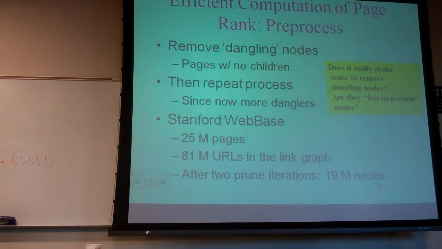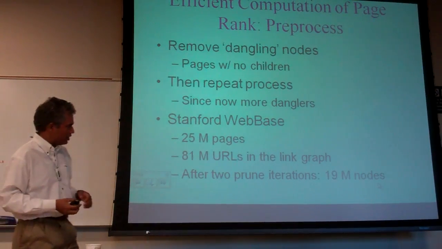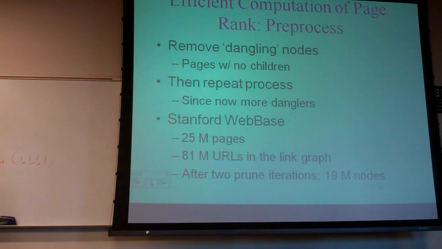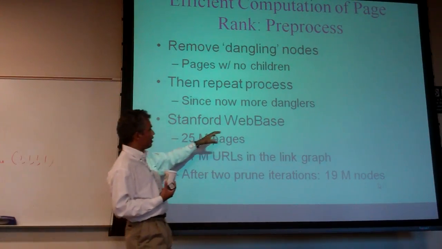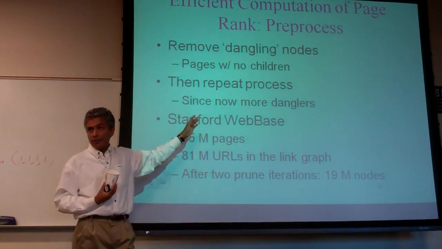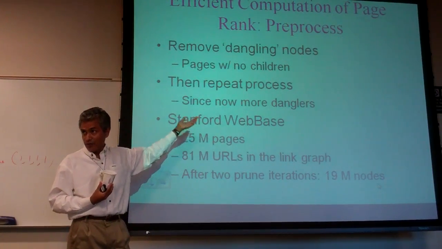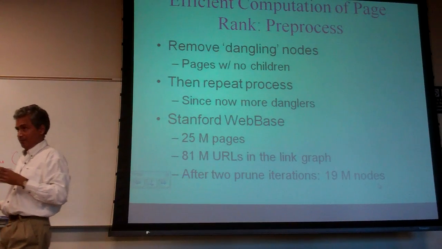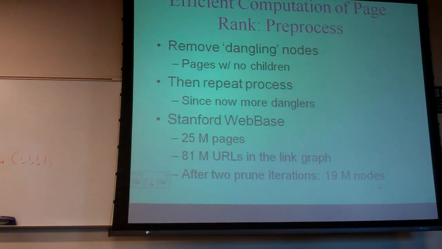Now, a couple of other things about PageRank computation. This is from an experiment done on the Stanford WebBase, which was a publicly available web base. I believe it's still available right now. You can actually play with it. It used to have 25 million pages, which is still better than the 300 by 300 matrices that you normally play with.